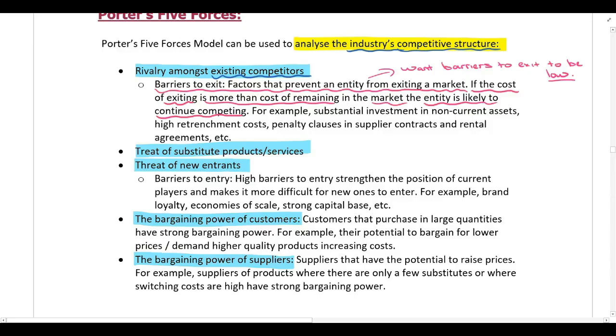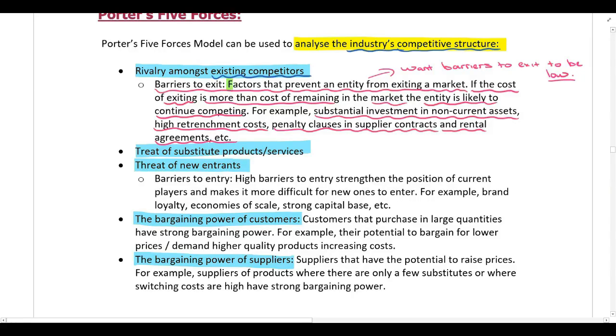So for example, if they have a substantial investment in non-current assets, so they've spent a lot of money on non-current assets, or if they decide to close down, they have high retrenchment costs, if they have penalty clauses in their supplier contracts, or also penalty clauses in their rental agreements.